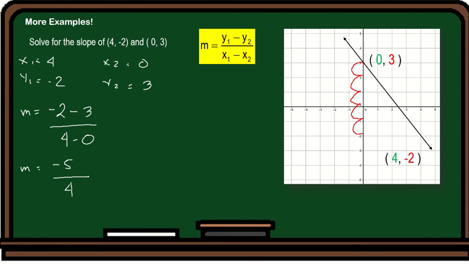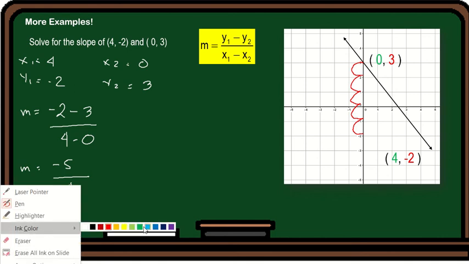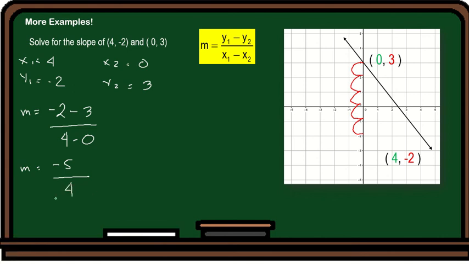Then your run. Positive, so to the right. 1, 2, 3, 4. So we end up here. We started from here with a slope of -4, -5, and +4.